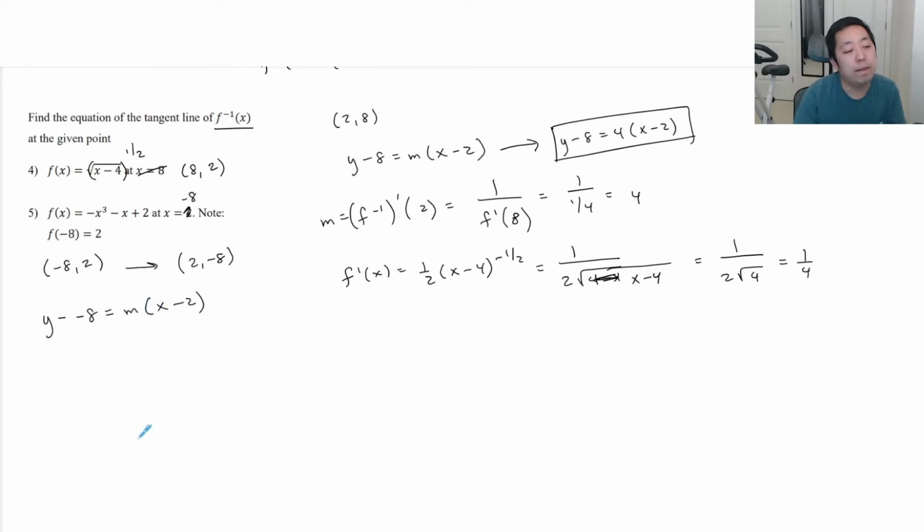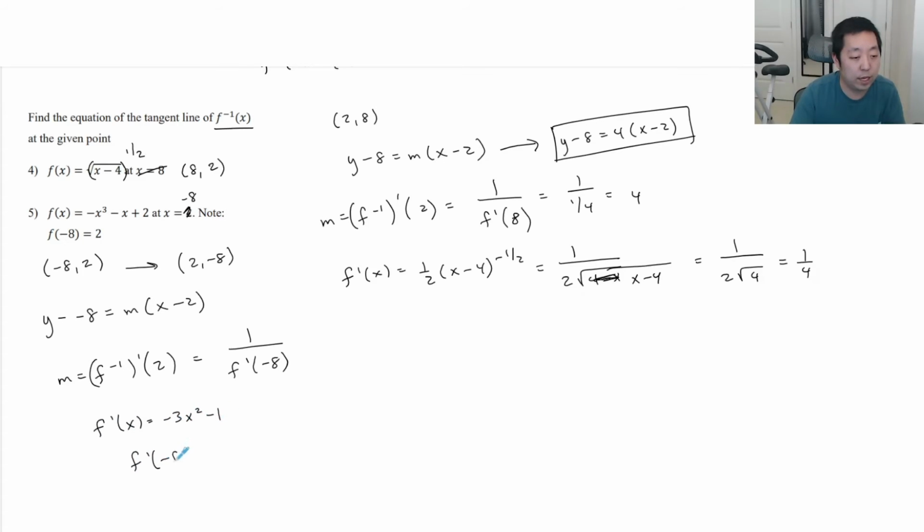Okay. So what's the m? The m is the derivative of the inverse located at the x coordinate of the swapped point, which is 1 over f prime at negative 8. Okay, so f prime of x is going to be negative 3x squared minus 1.